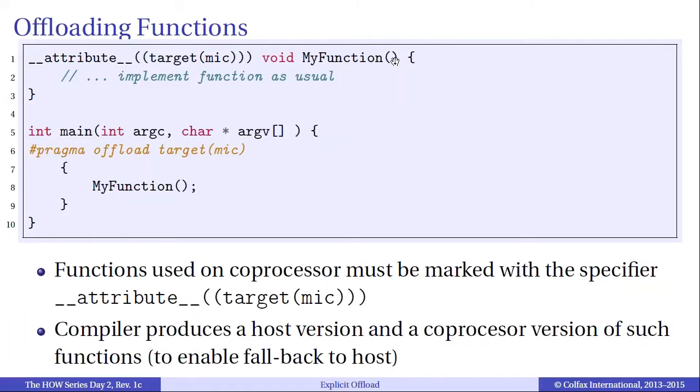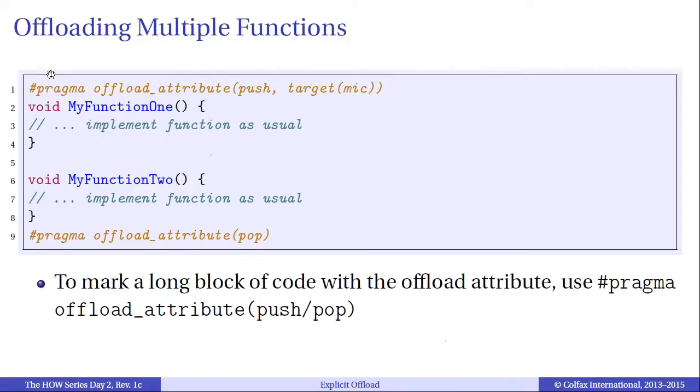Or even better, I will compile it twice, once for the CPU and once for the Xeon Phi architecture, so that I can use this function in an offload region, which can be an optional offload region. So this is necessary when you declare functions, and of course this doesn't look very pleasing to the eye, and it will be difficult to do it if you have many functions in your code. So there is a shortcut.